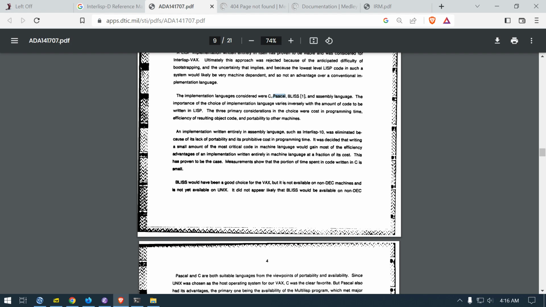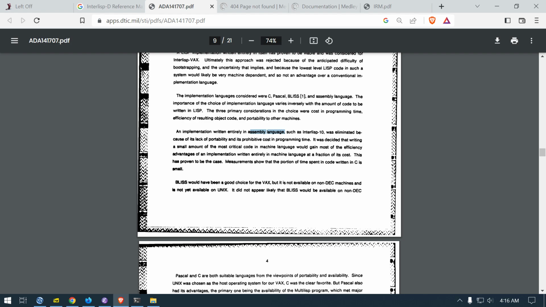And so they were considering this pretty highly, and then they ended up using C throughout this. I want to say Interlisp-10 was written in assembly language, but the cost in time of doing that is way out there.